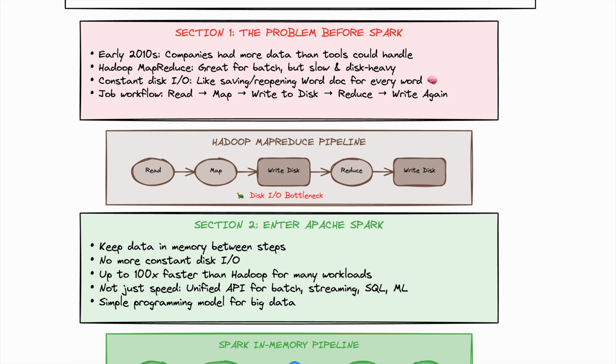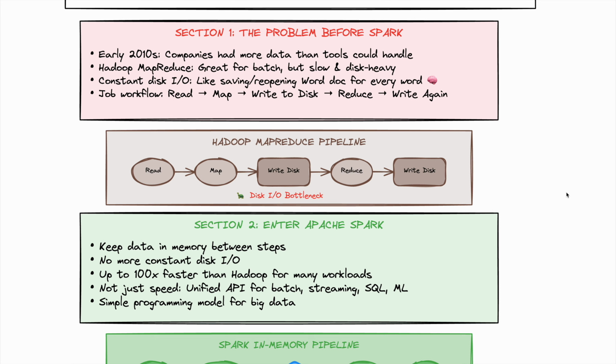The job workflow would go as follows. We read a file, do the mapping part, then write to disk, then read from the disk, do the reduce operation, and again write to disk.